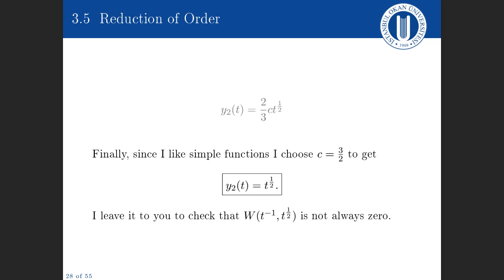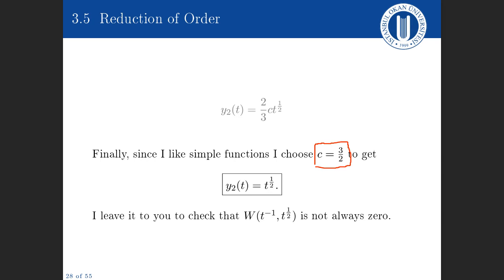Now, I like simple functions. I like simple numbers. How can I make this as easy as possible? I can make this easy for me if I choose the value of c to be 3/2. And then I'm left with y2 is t to the power of a half. And that is the answer to this problem.